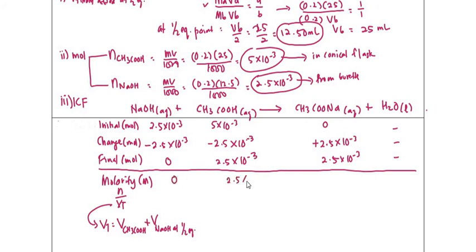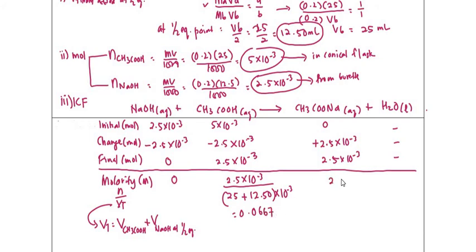So di 2.5 eksponen negatif 3 bahagi dengan volume total. Berapa volume CH3COOH dalam conical flask? 25. Berapa volume NaOH yang kamu added pada half equivalent? Yes, 12.5. Tukar menjadi liter. And you get the volume here is 0.0667.